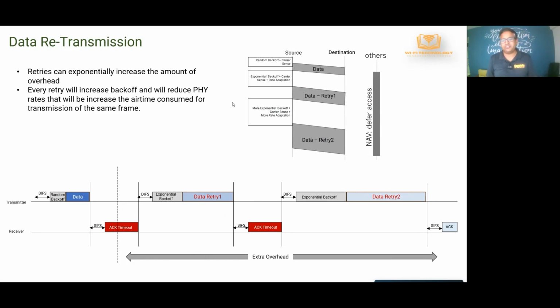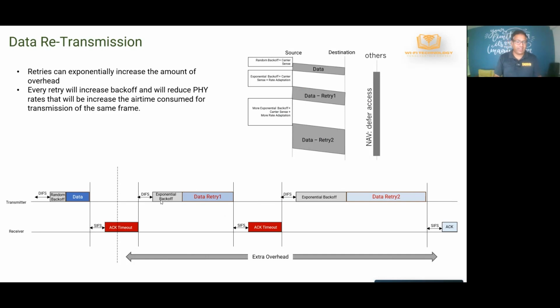For example, to send one data frame, we are already doing random backoff and carrier sense, and then we send the data frame. Let's say that data frame did not get received by the receiver. Now, if you look at the picture on the bottom here, we need to wait again. We need to do exponential backoff, which means the amount of backoff has to increase, so we have to wait longer to get access to the medium.